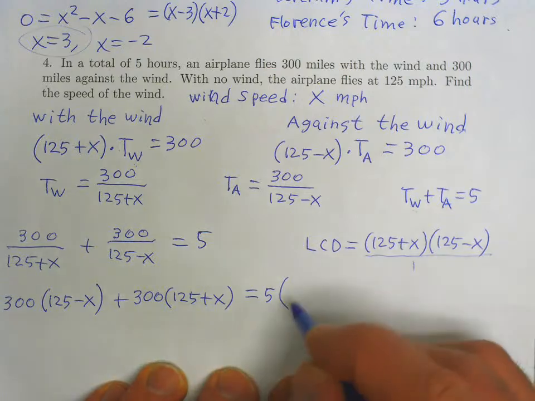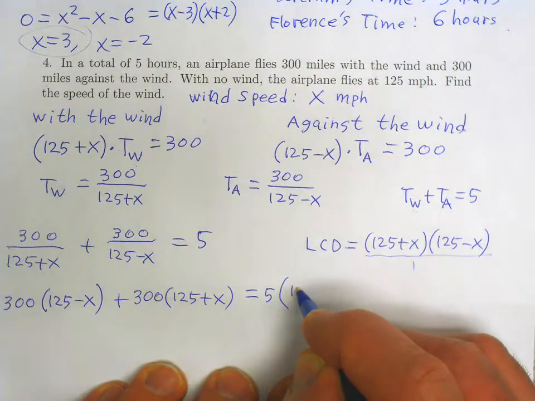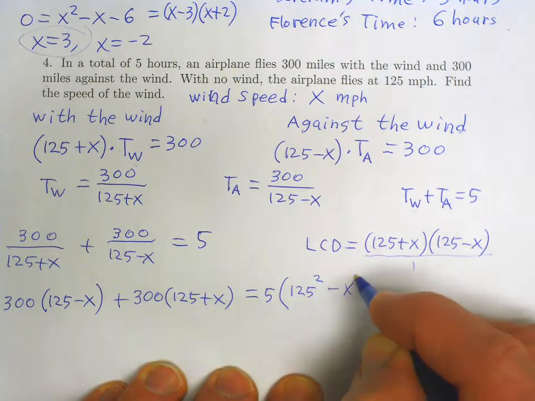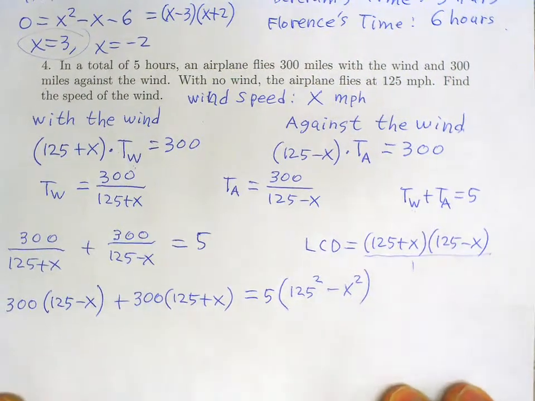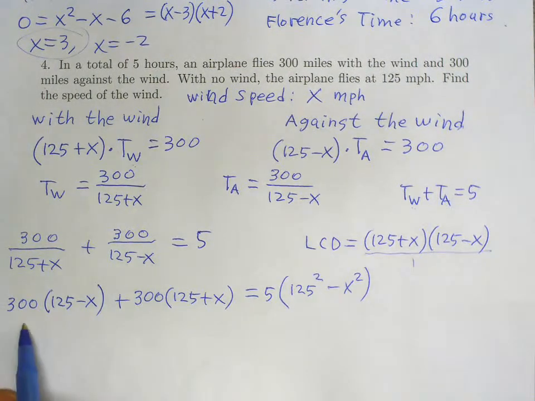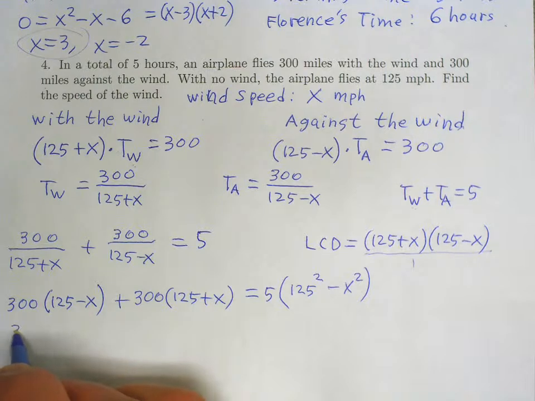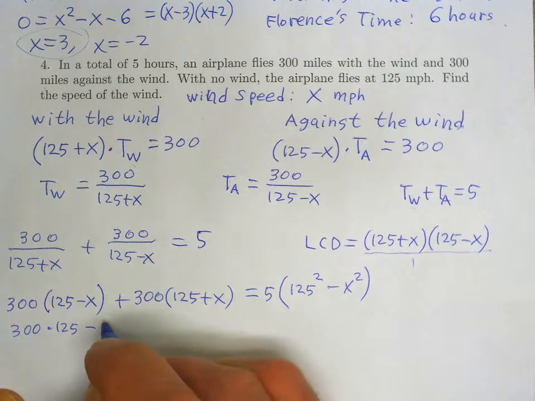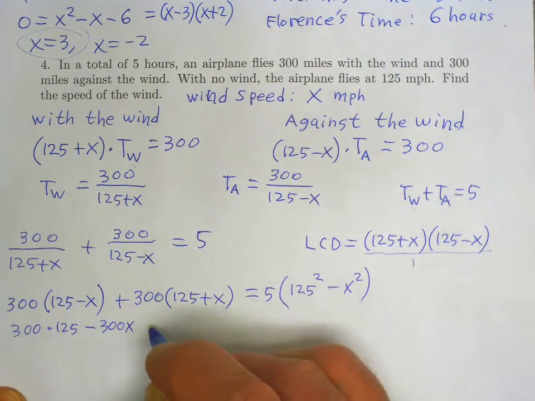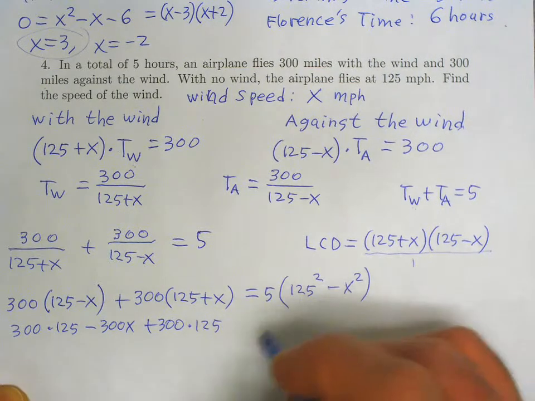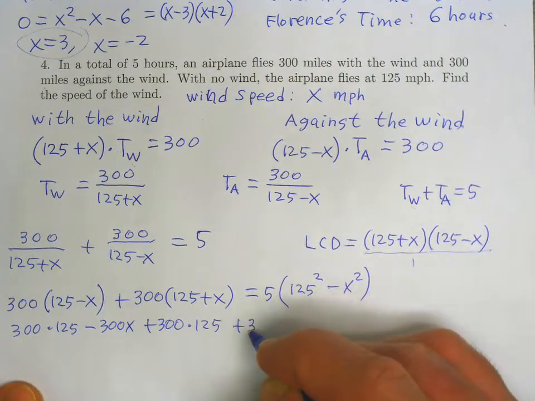So for now, I'm just going to write it as 125 squared minus x squared. Okay, so we apply the distributive property. We get 300 times 125 minus 300x plus 300 times 125 plus 300x.